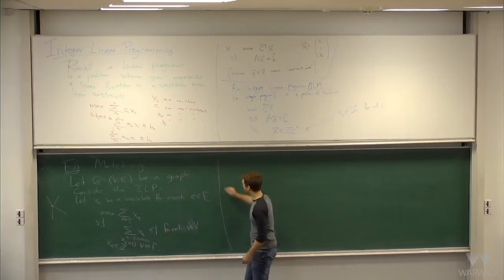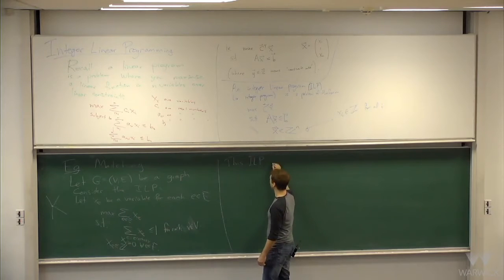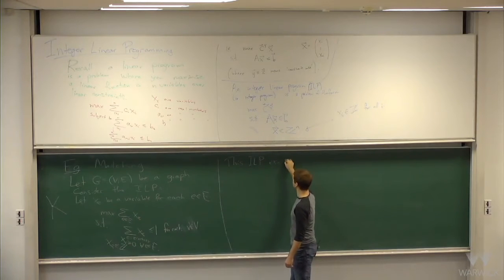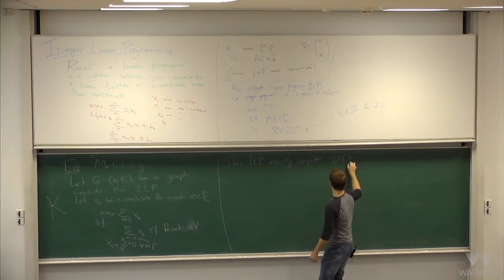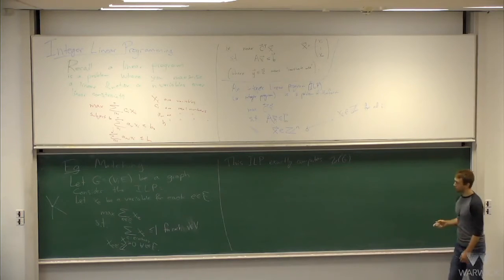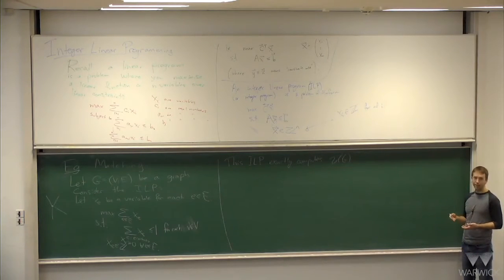So what I claim is that this ILP exactly computes nu of G, which, remember, is the size of the biggest matching in G, right?